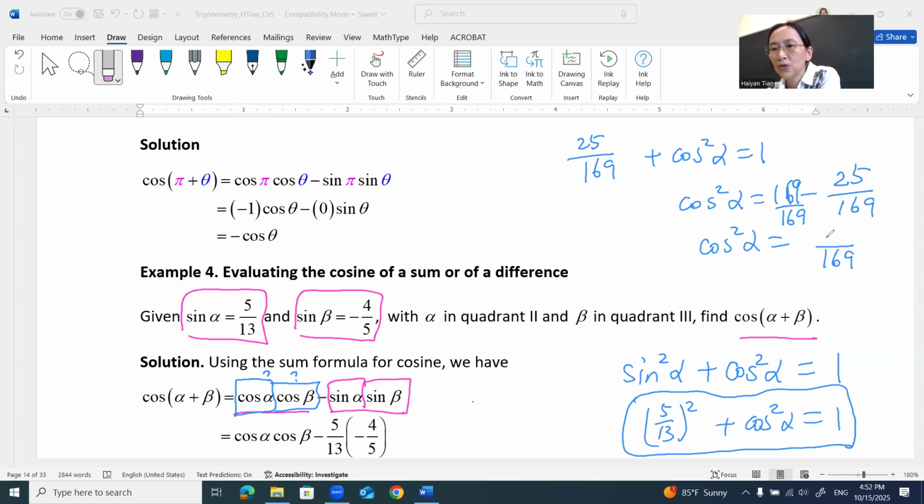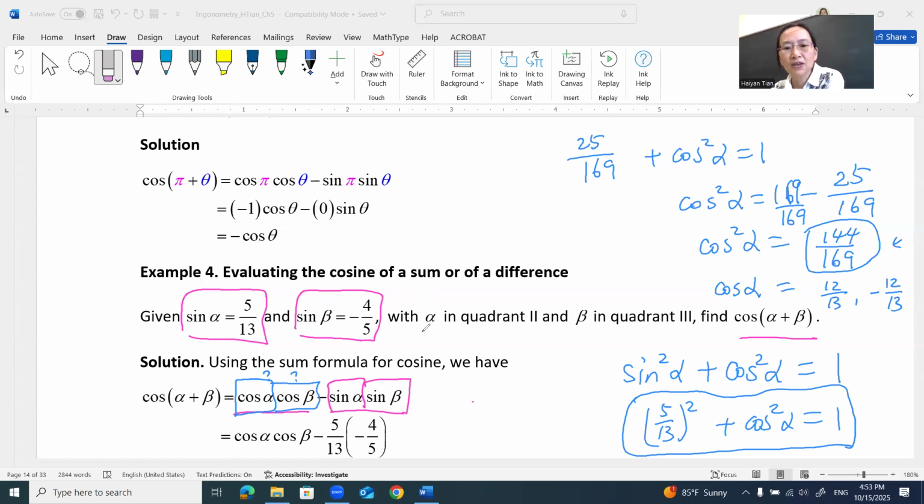Then you can see quickly it's 144 over 169. So take the square root. If a square is this, what's the cosine alpha? Cosine alpha is the quantity whose square is this number. So cosine alpha must be the square root of this number, 12 over 13. We just take the square root of that number. It could be positive or negative. Should we keep positive or negative?